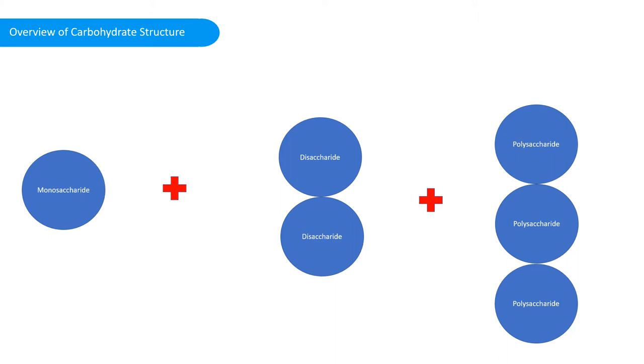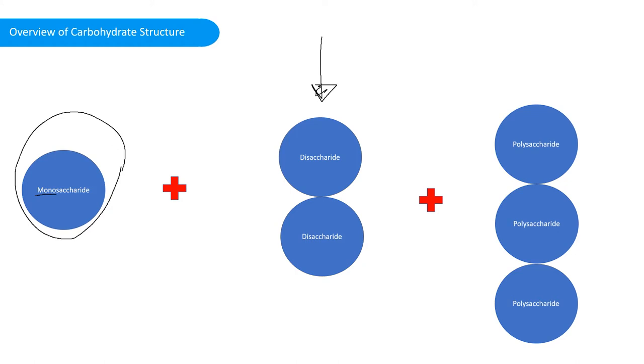So, carbohydrate structure really is a little bit simpler, I find, than proteins. The basic fundamental building block of a carbohydrate is a monosaccharide. Obviously, mono meaning one. It's a single sugar, and you put two of those sugars together.